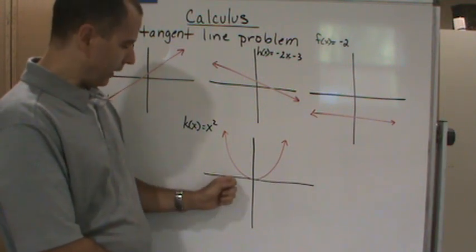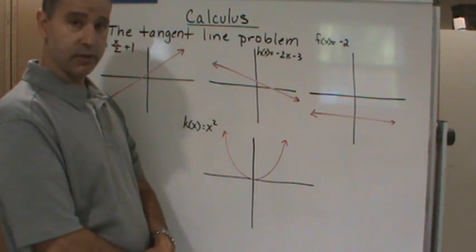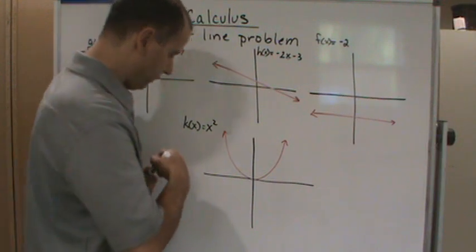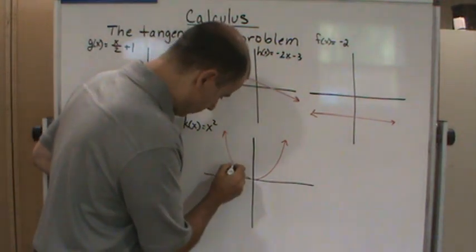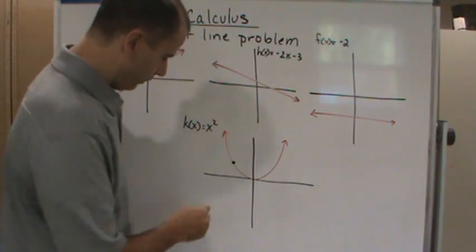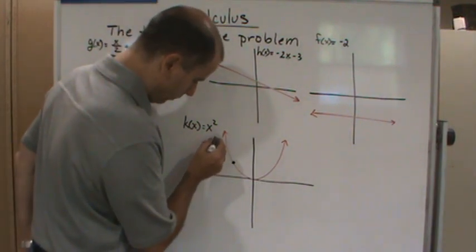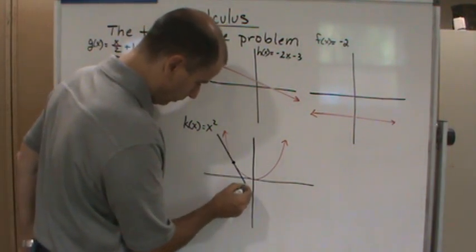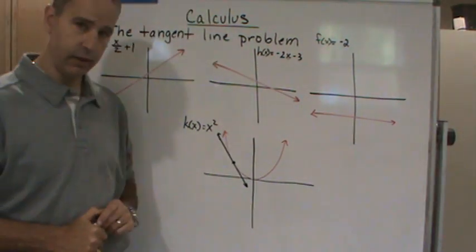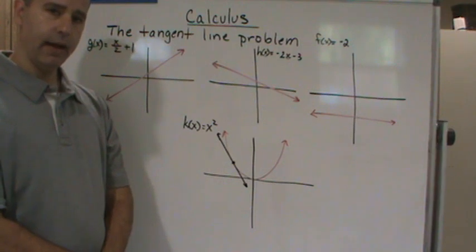The only way we can answer the question of the slope of a tangent line, or the slope at a point, is to use calculus, okay? And that's where we're going to start.